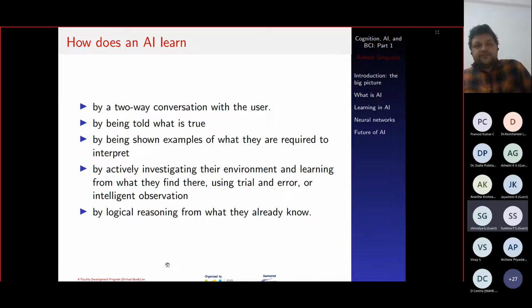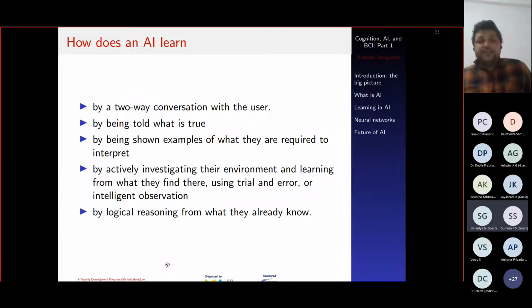So now, consider this: how does an AI learn? This has been spoken about in a bit more detail and depth by Dr. Ashok Rao before, but if we summarize, the major points are: AI learns by two-way conversation with the user.